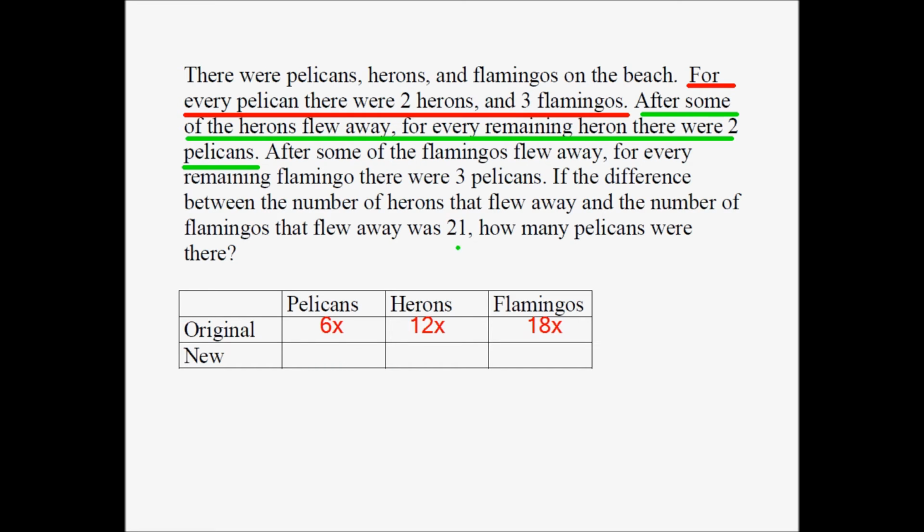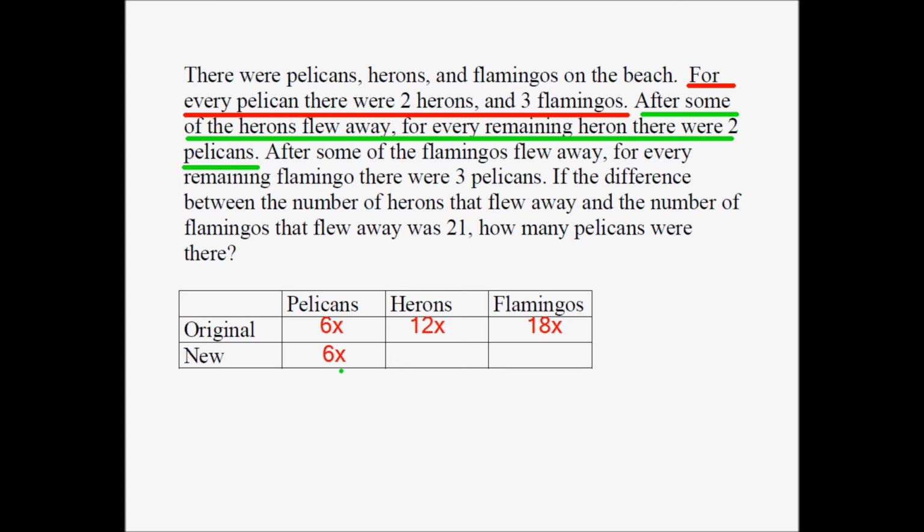Now, if you read the whole question, you're going to see the number of pelicans is not changing at all. So I'm going to write the new number of pelicans is still 6x. It hasn't changed. So what is after some of the herons flew away?